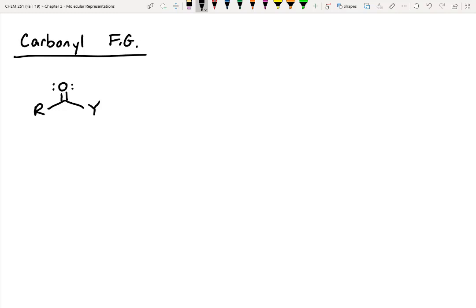Usually it's a carbon, but on a handful of occasions it might represent a hydrogen. And then over here I've got this Y group. This is kind of my made up placeholder. So what I'm going to do is make a list of what if Y is some sort of atom.